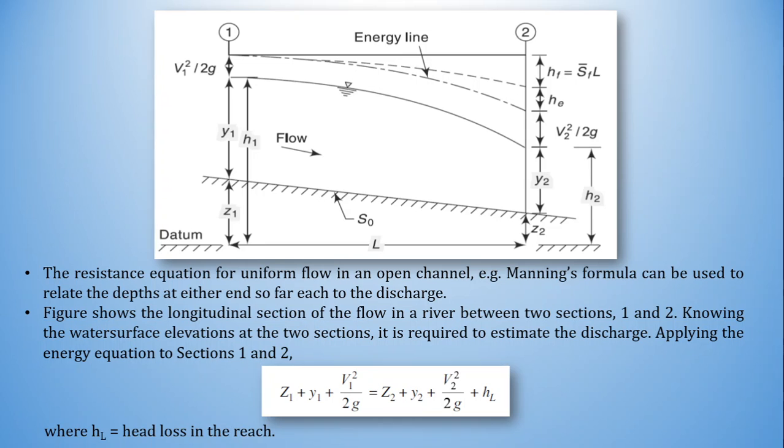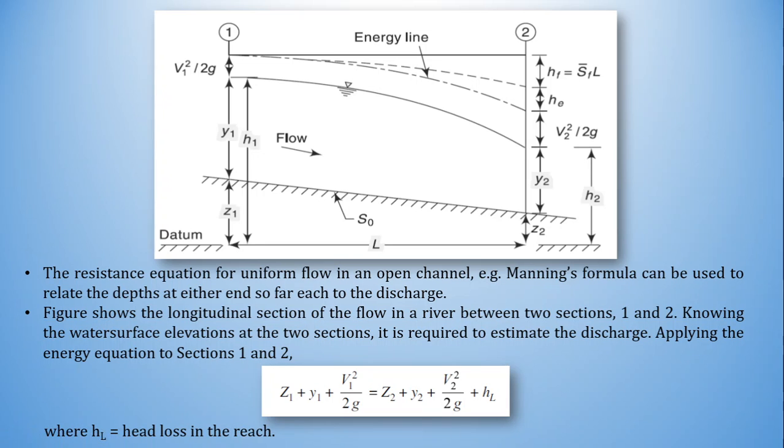Look at the diagram. The diagram represents two different sections separated by length L of a stream. This bottom represents the datum, and this vertical line is section 1, and this is section 2, separated by distance L. This is the datum Z1 for section 1, Z2 for section 2, and Y1, Y2 represent the height of the water surface.